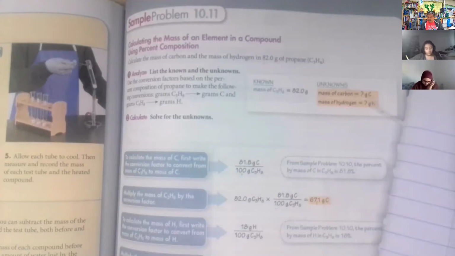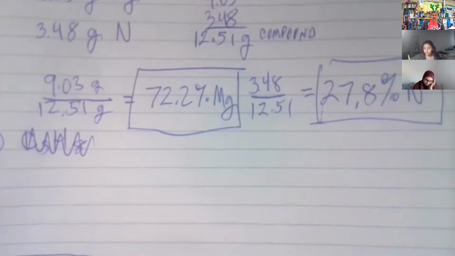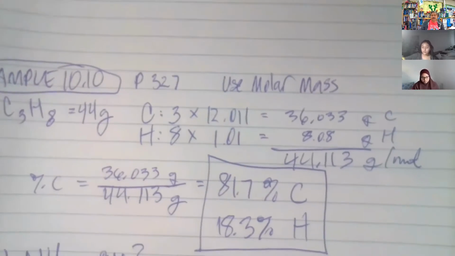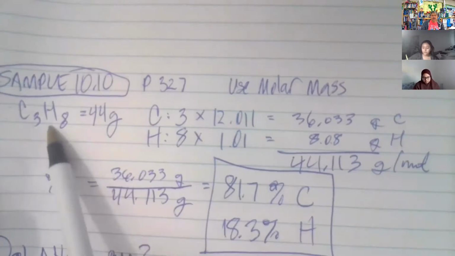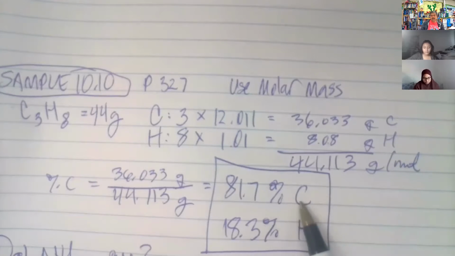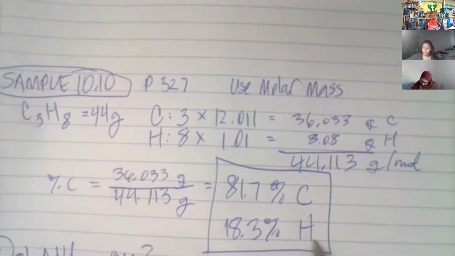We can use what we did before, because in sample 10.10, we already figured out the percentage. Propane is 81.7% carbon and 18.3% hydrogen. So the question is, how much mass is that then?